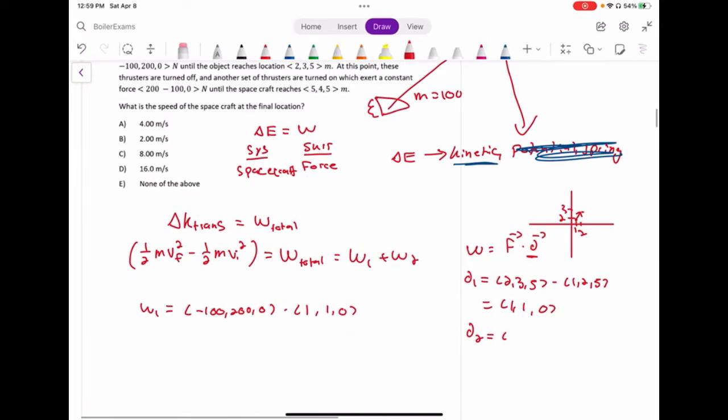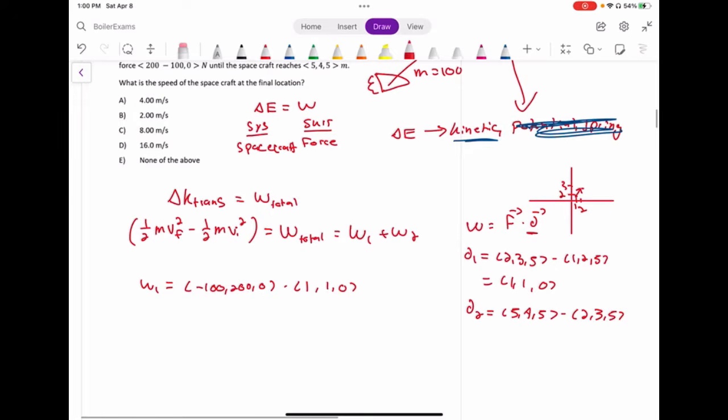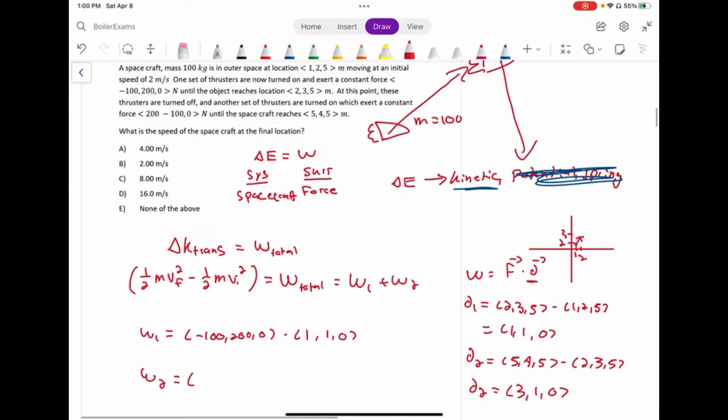We got the final position 5, 4, 5, minus where we just were 2, 3, 5. d2 equals 3, 1, 0. There we go. Let's put in the force.